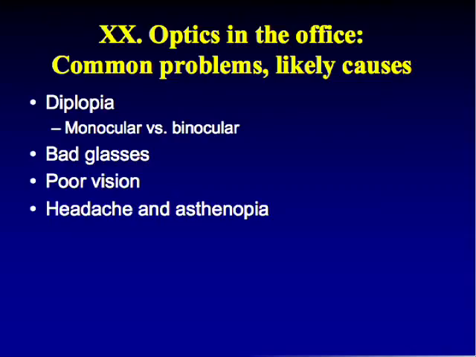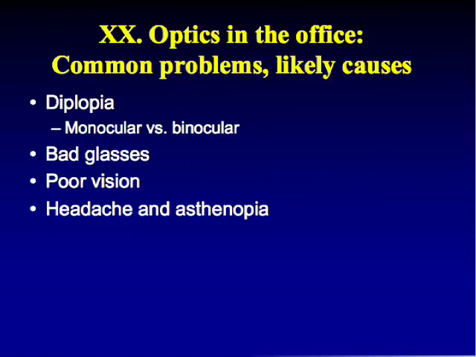So that's ophthalmic instruments. And as the final step, I just want to talk about some key symptoms. And we'll run over by a little bit. I don't think by too much. I want to talk about some key symptoms that will bring patients to you that may have something to do with the optics of what they're looking at.